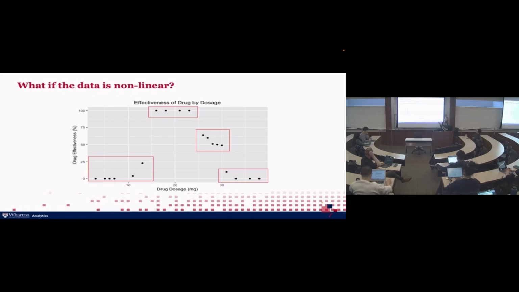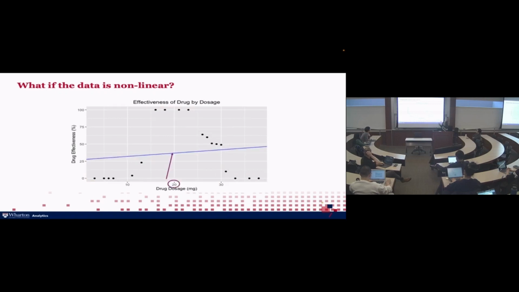If I treated them as if they were linear, and used the line of best fit that we just plotted, then for someone given a 20 milligram dosage, a linear regression line would lead me to guess around 37% effectiveness of that drug.